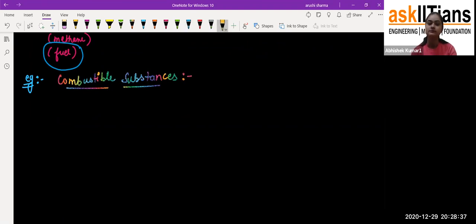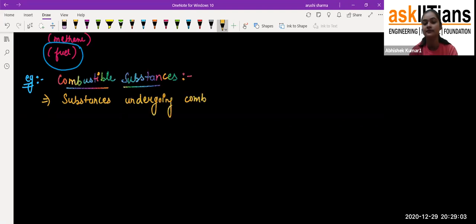From the word we can easily conclude that a combustible substance is a substance which can undergo combustion. Substances undergoing combustion are called combustible substances.